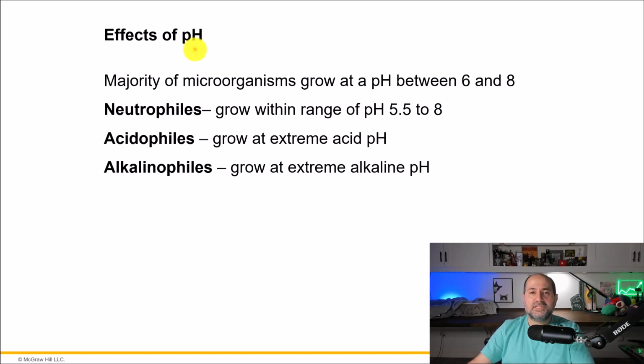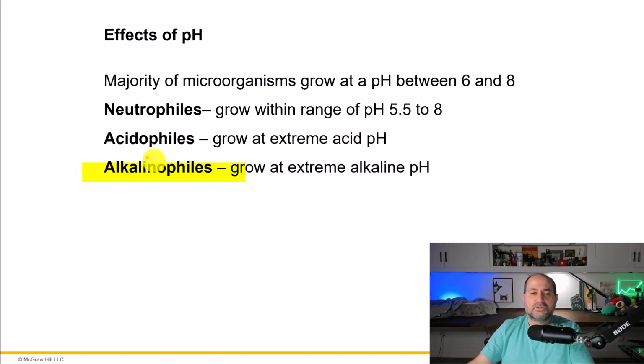Remember, neutral pH is pH 7, but technically it's between pH 5.5 to 8. Neutrophiles are microbes that prefer neutral pH conditions for growth. Acidophiles grow best at extremely acidic pH. That means low pH, lower than 5.5.